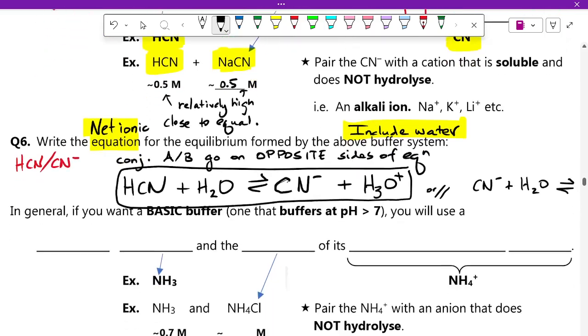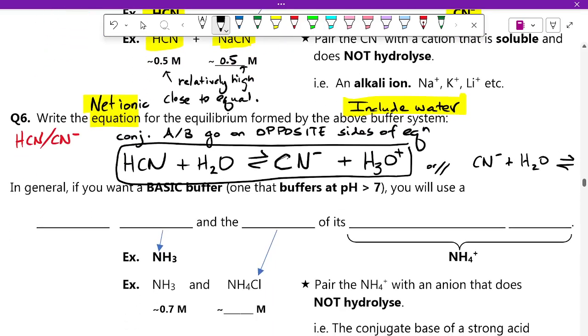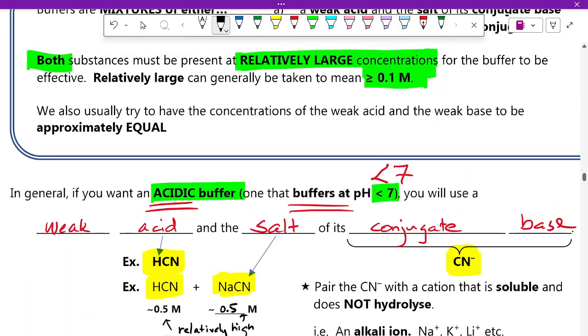Now, in general, if you want a basic buffer, one that buffers at pH greater than 7, then you will use a what? When we wanted an acidic buffer, we used a weak acid.